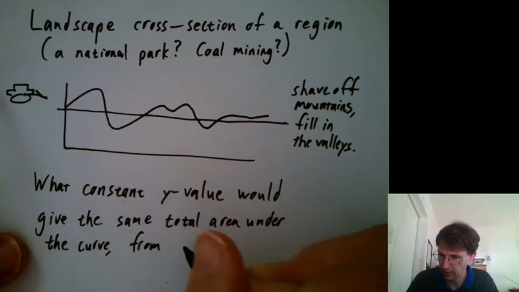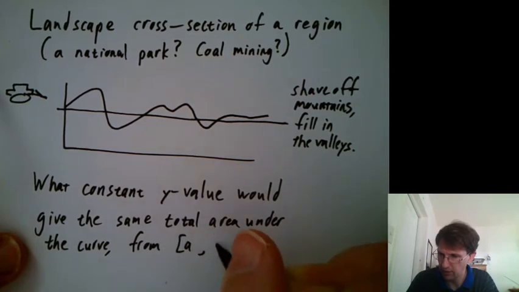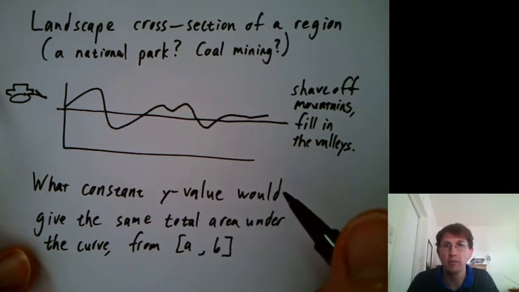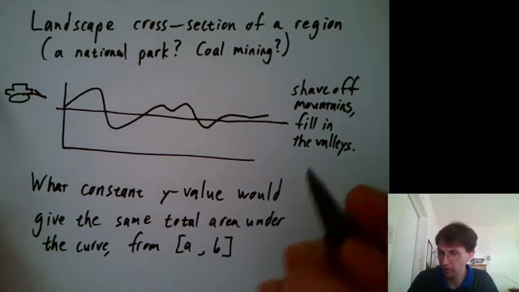At least from A to B. What constant y value would that be? Does it make sense that that would be the average value of the function?